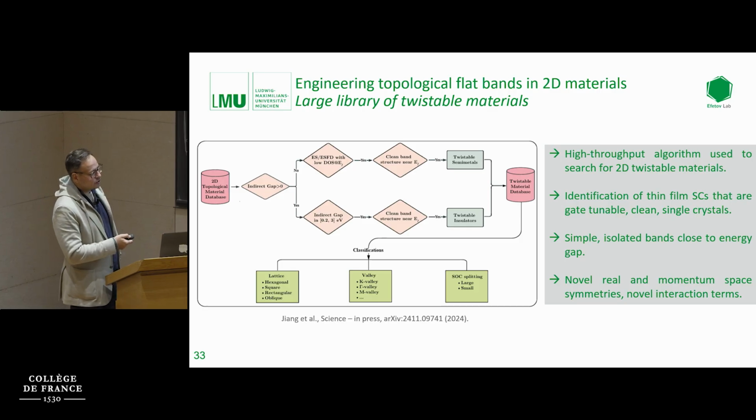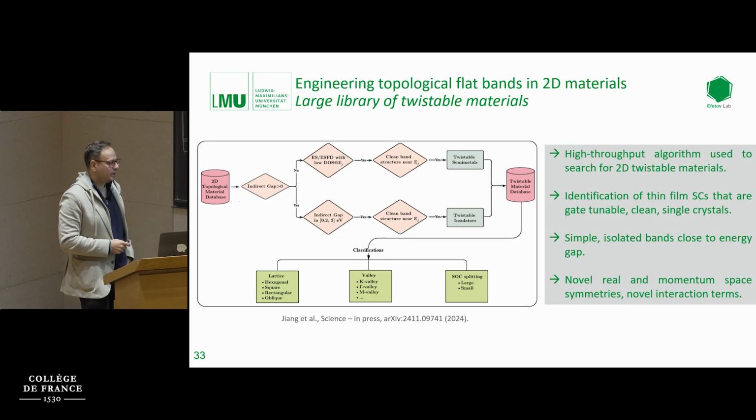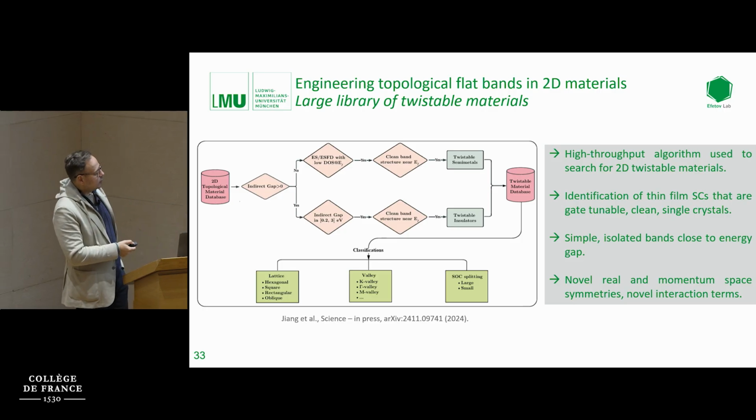So they looked at whether these materials can be clean, single crystals, gate tunable, whether they have simple enough band structures to be worth looking into. And they also classified these different material species by lattice symmetries, so hexagonal, square, rectangular.